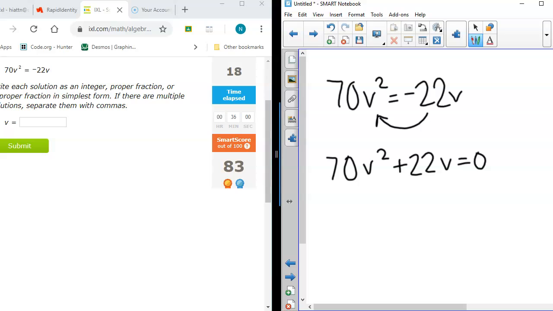And so once you do that, you've got a greatest common factor. You could just pull out the v, or you could pull out a 2v there. And so that would give you 70v plus 22. And then you could set each one of those equal to 0. So make sure that your problem is equal to 0 before you start trying to factor.